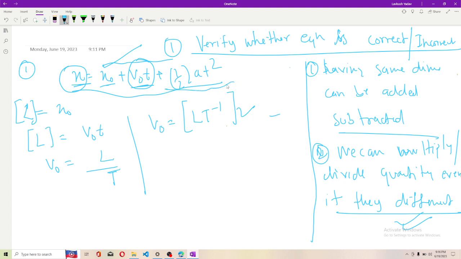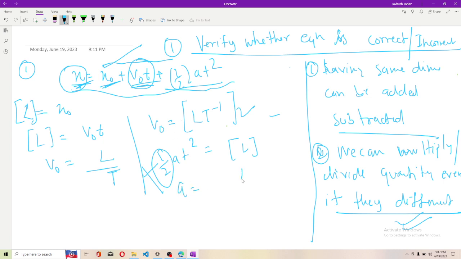Similarly, the dimensions of half a t square are equal to L, because that is also a length. Now the 1 by 2 is of no use, because it is a number, and numbers are dimensionless.